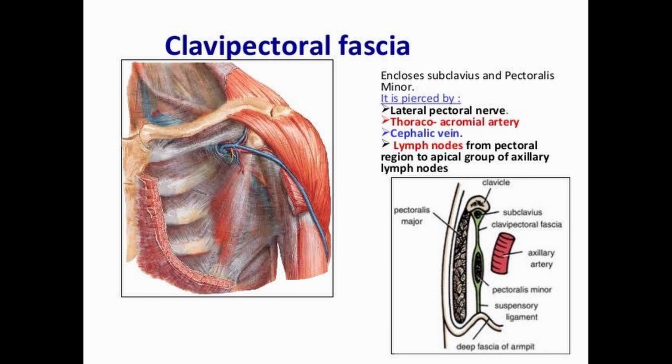So these are the contents of the clavipectoral fascia. It is a fascia that extends from the clavicle to the axilla, and it encloses the subclavius and pectoralis minor muscle, and this is also an important topic for examination purposes.